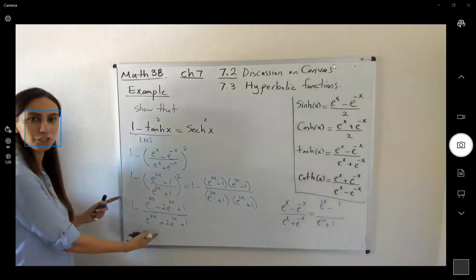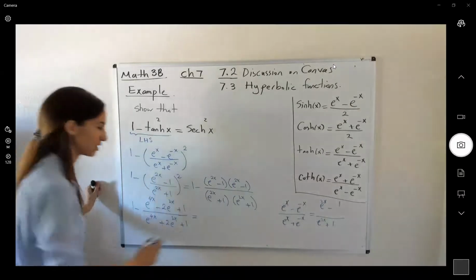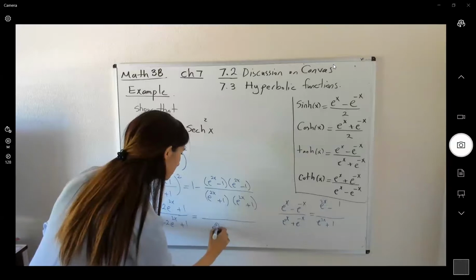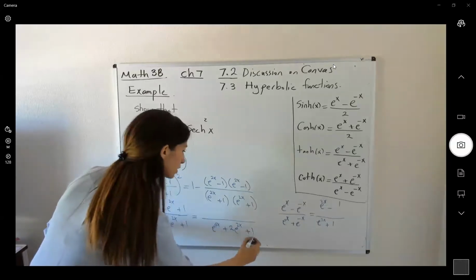Let us take the common denominator between these two and simplify as much as we can. e to 4x plus 2e to 2x plus 1.